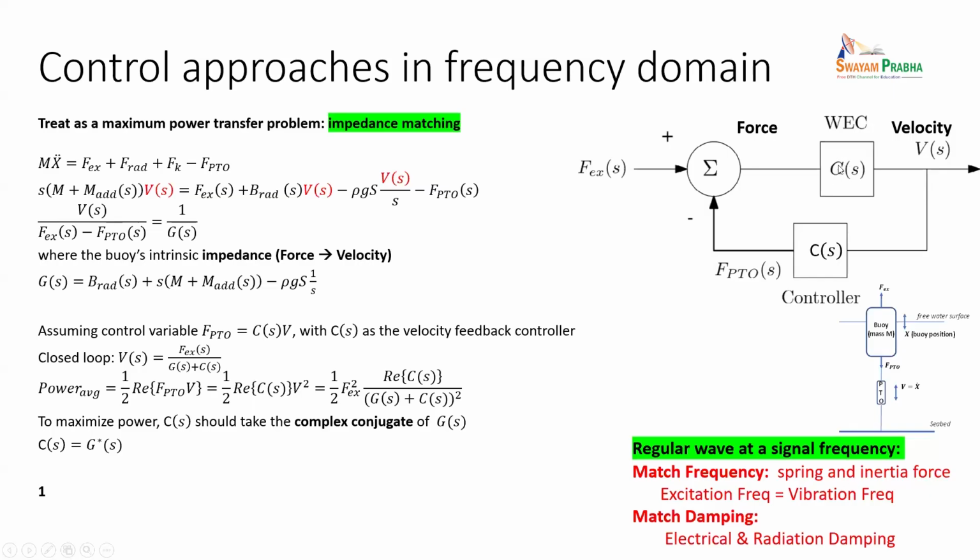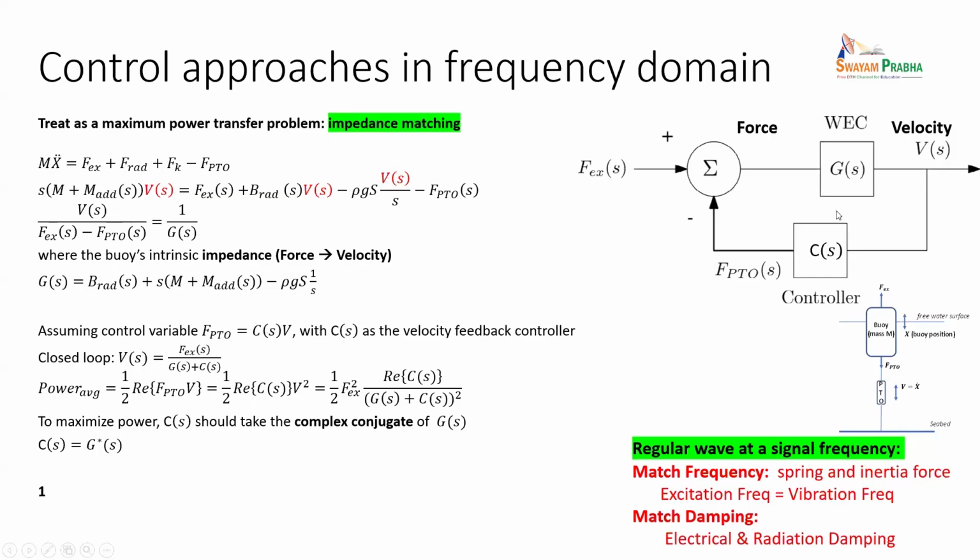Now this is the wave energy converter, G(s), force and velocity. That is your impedance. You measure velocity and control the PTO force, and the PTO force and the excitation force add together in the control system.